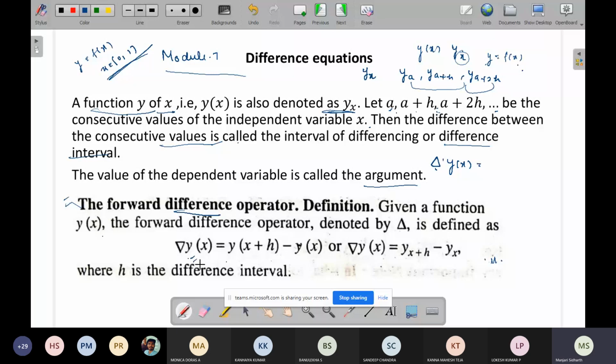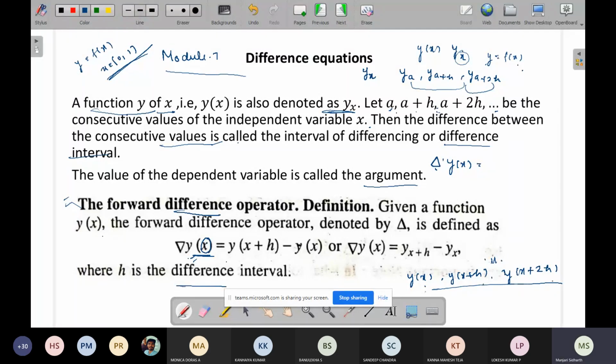Forward difference means, suppose you are finding the value of y at x, so we'll take yx, and its next value should be x plus h, right? Then y of x plus 2h, like that, because h is the difference interval. So this will be the sequence yx plus h, yx plus 2h, yx plus 3h.